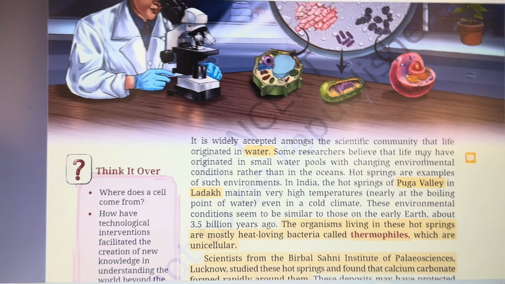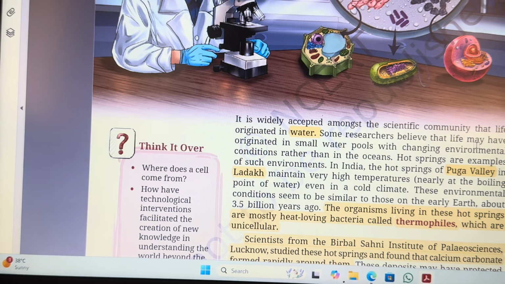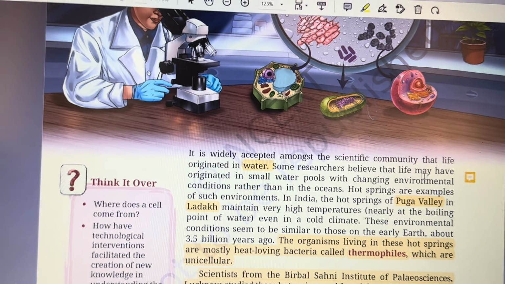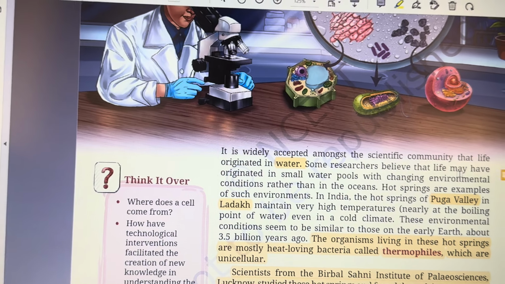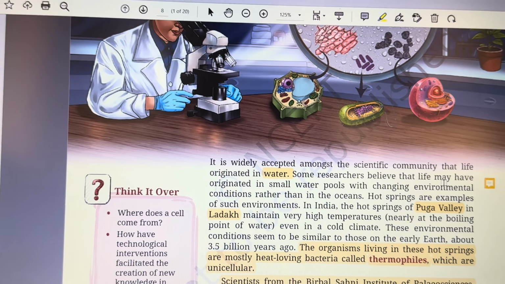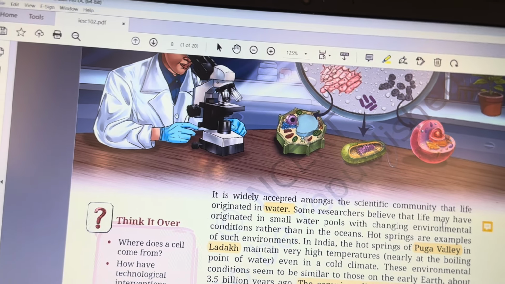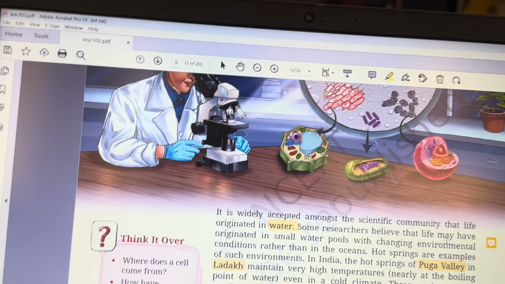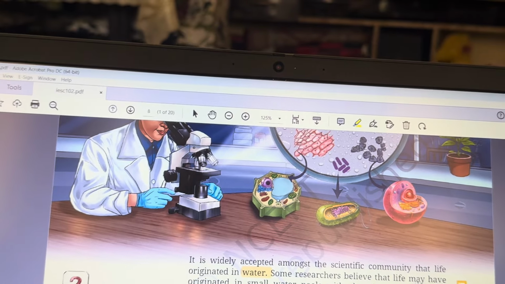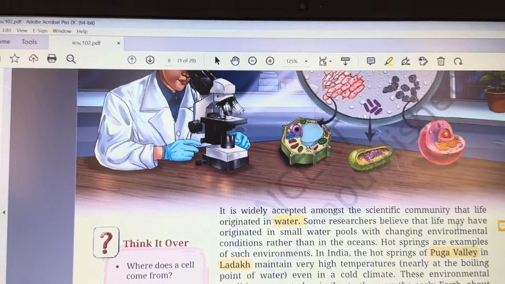Changing means sometimes hot, cold, humid, like that, rather than in oceans. Environmental changes will be less in oceans, but more in pools, because pools in the village area get rain, or seasons change. But in oceans, water may remain constant and there is no such environmental change.